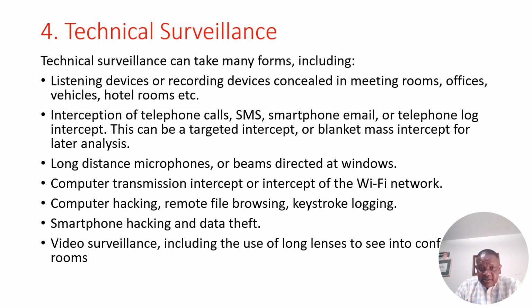Technical surveillance. Remember, we are talking about threats. Now we are talking about technical surveillance, which can take many forms. Listening or recording devices concealed in meeting rooms, offices, vehicles, hotel rooms, etc. You know this already. Interception of telephone calls, SMS, smartphone, email, or telephone log intercept. This can be targeted intercept or blanket mass intercept for later analysis.